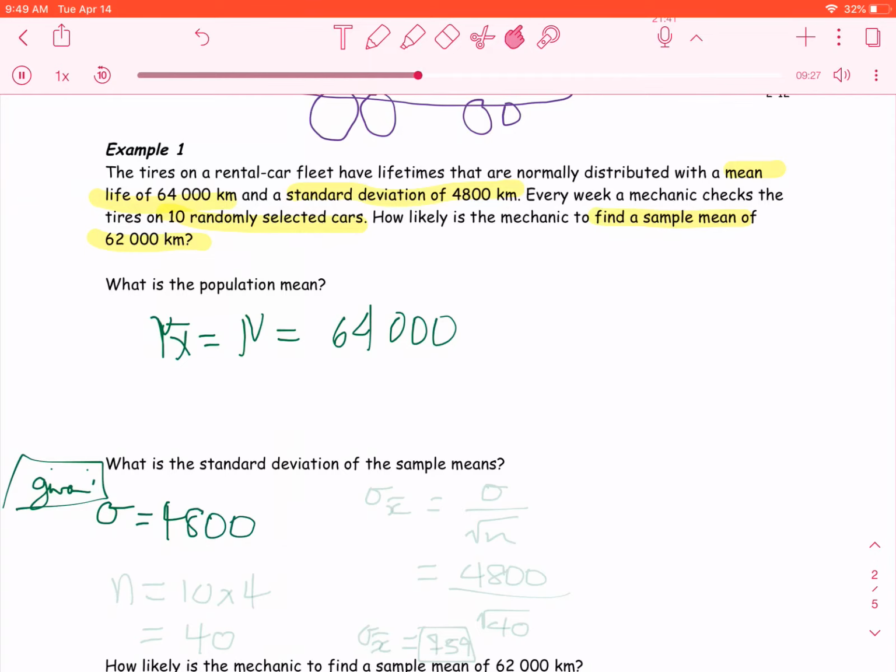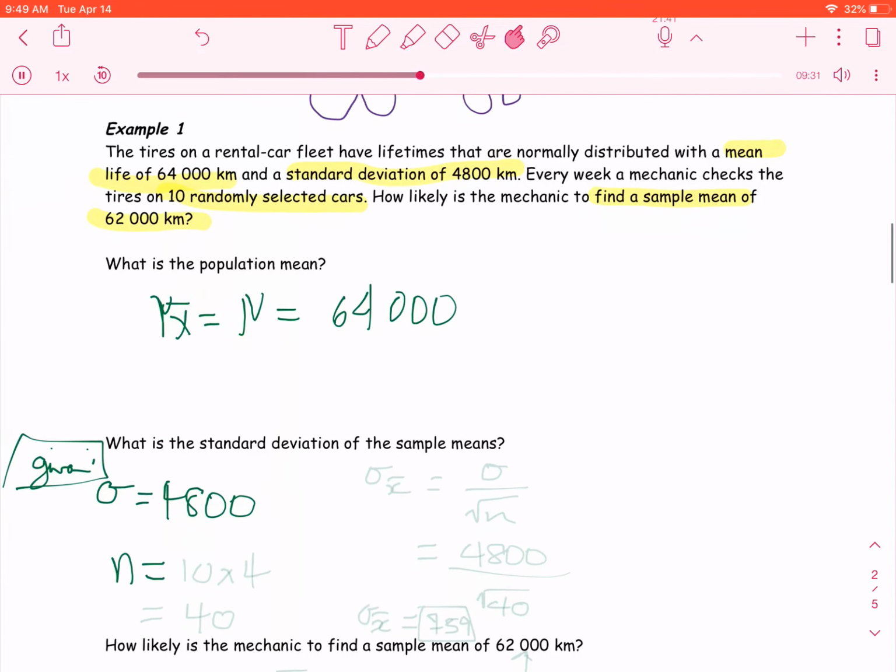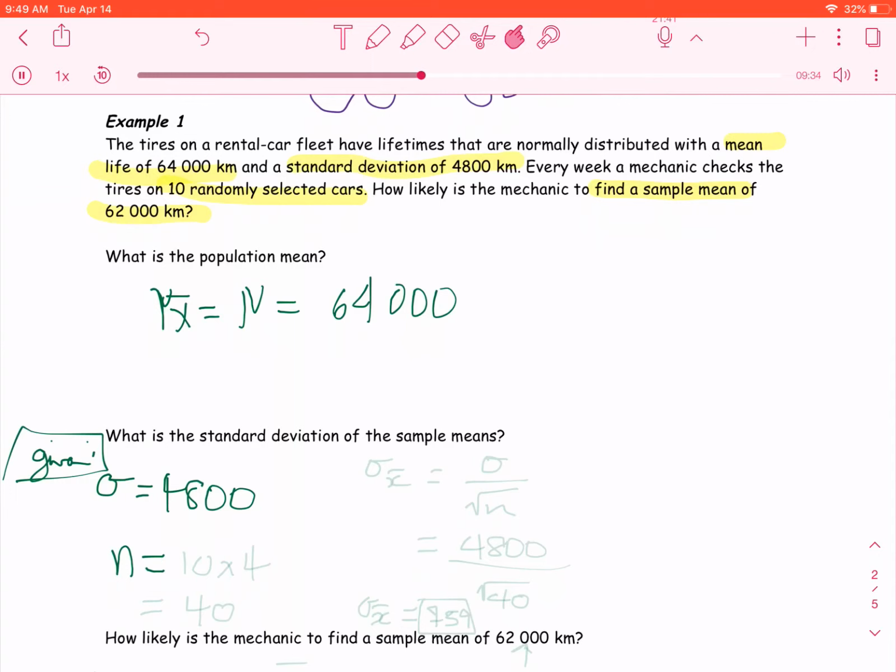Now, what is n? It says every week a mechanic checks the tires on 10 randomly selected cars. So there are 10 cars, and he's going to check all the tires. There are obviously 4 tires on a car, so in total that mechanic is checking 40 tires.